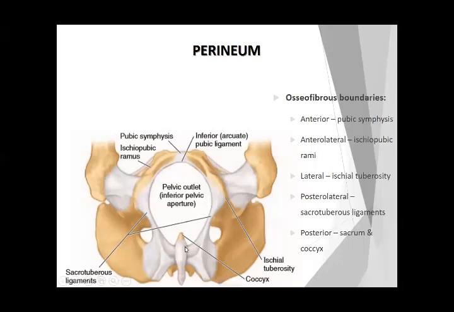And posteriorly, the most posterior part is the lowermost part of the sacrum and the coccyx. These are the osseo-fibrous boundaries of the perineum.